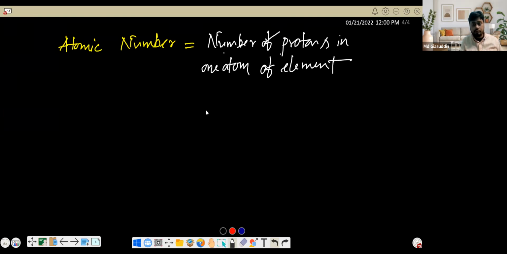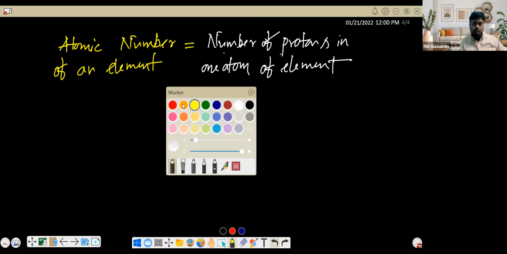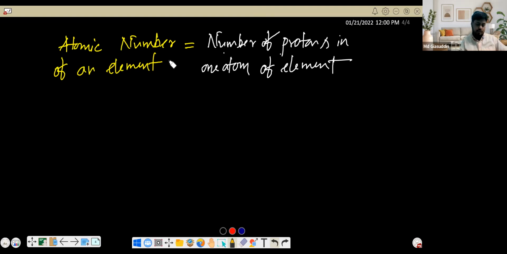So what will be the atomic number of carbon? Can you say? 6. Very good.